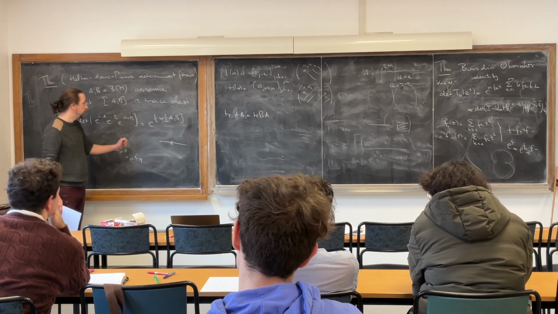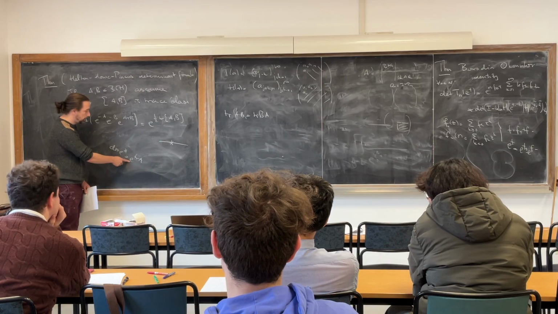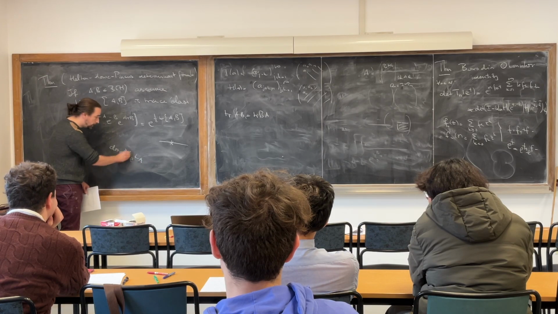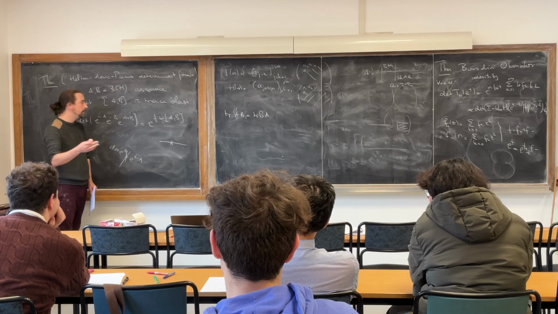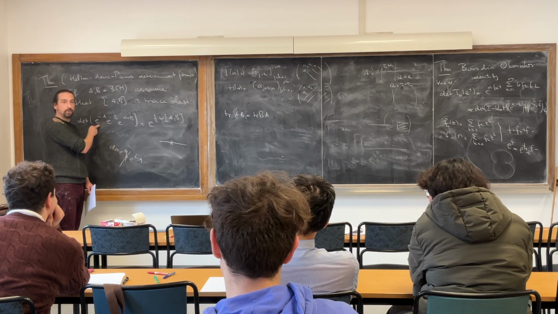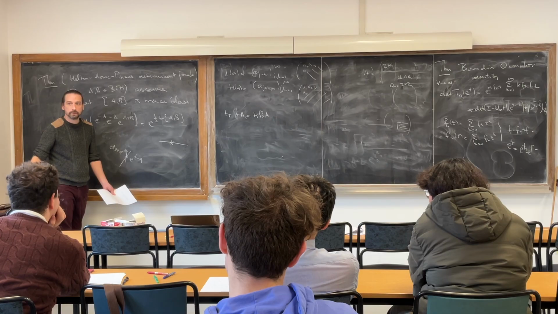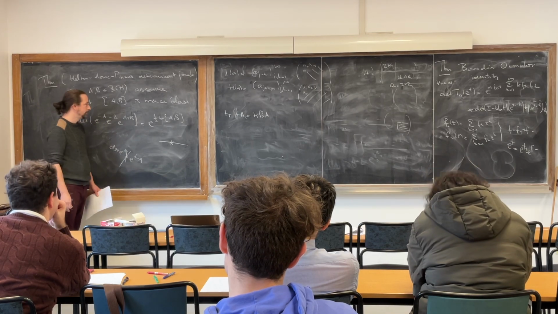I claim that this is true if this operator is trace class. If this operator is nice, then it's true. But in general, it's not true. The determinant you can think of as the product of the eigenvalues, but the product of eigenvalues for operators might be divergent. So I cannot take the determinant.